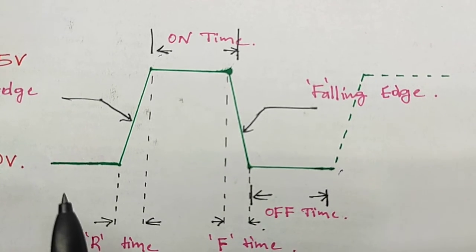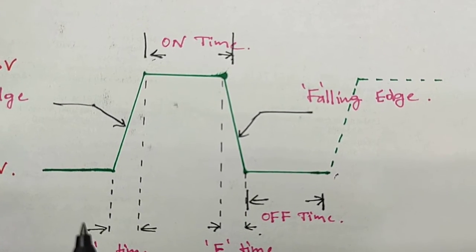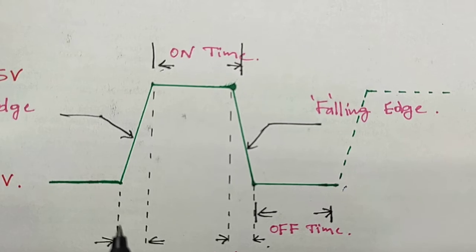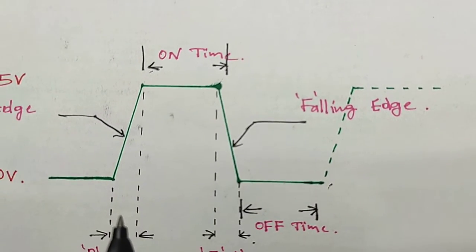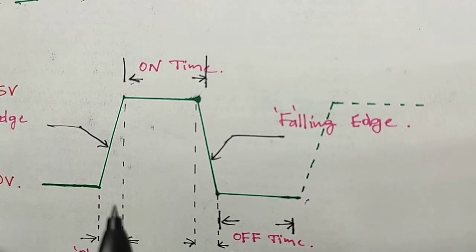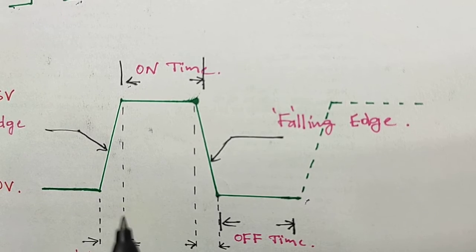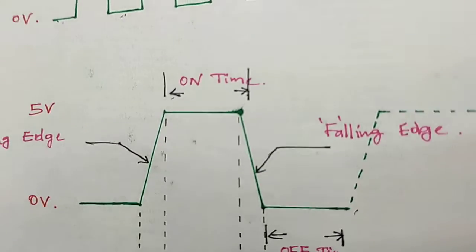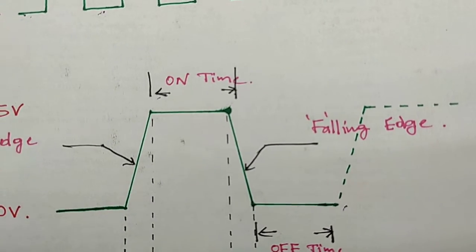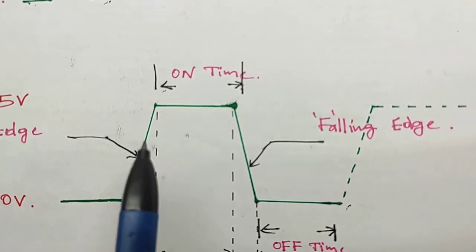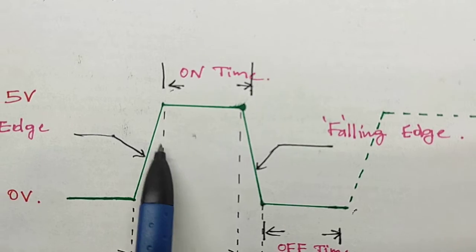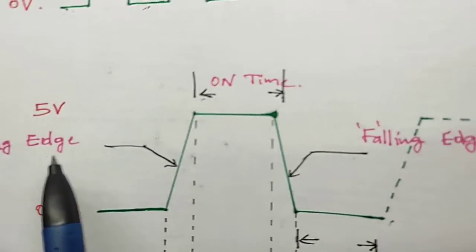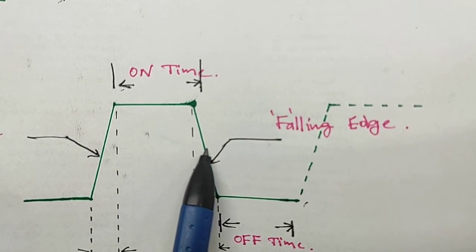In the real world, a square wave is not perfectly square because of the internal circuit. It cannot give a perfect square wave. It slightly has a slope, and this slope is called the rising edge, and this slope is called the falling edge.